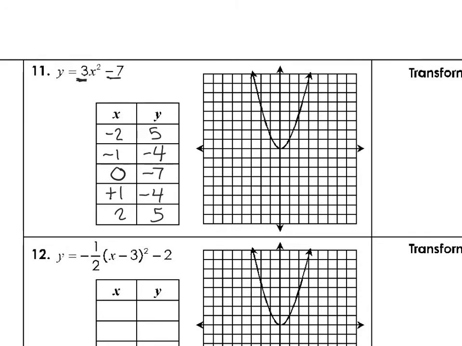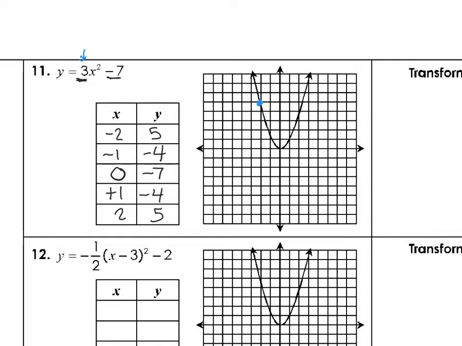So let's graph these points. This one's a little bit different because A is not 1. So we got -2, 5, it's here. -1, 4, it's here.